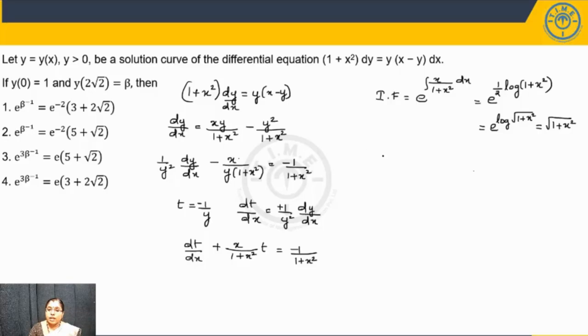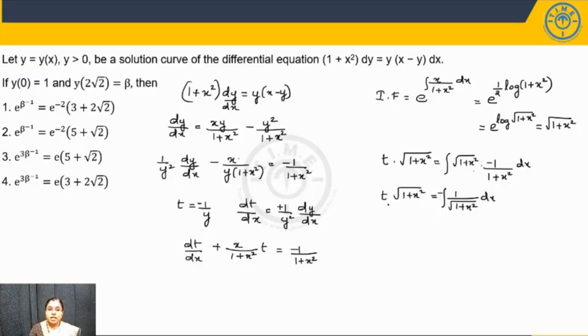Solution is given by t·√(1 + x²) = ∫ √(1 + x²) · (−1/(1 + x²)) dx. So √(1 + x²) cancels and we get t√(1 + x²) = ∫ −1/√(1 + x²) dx.